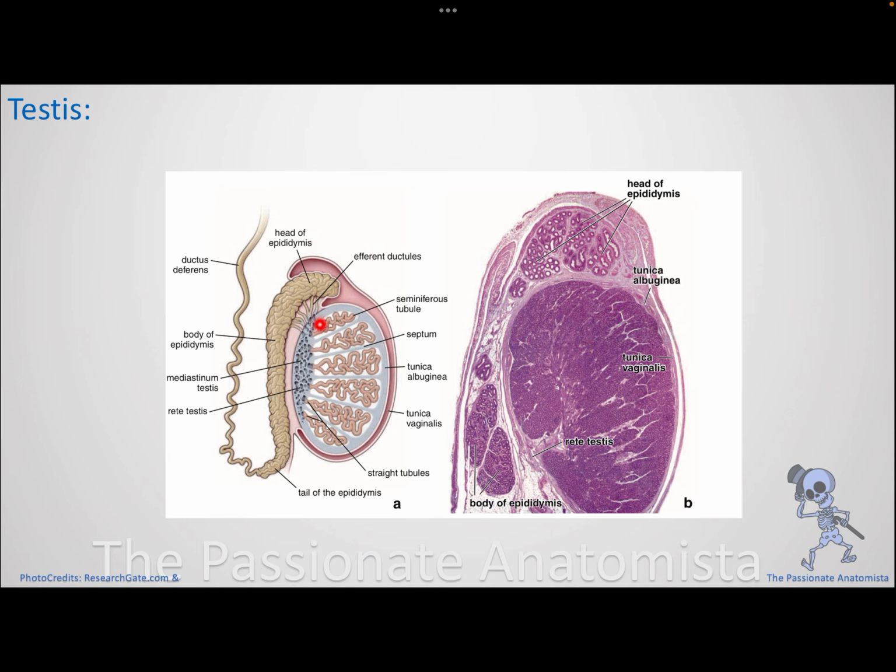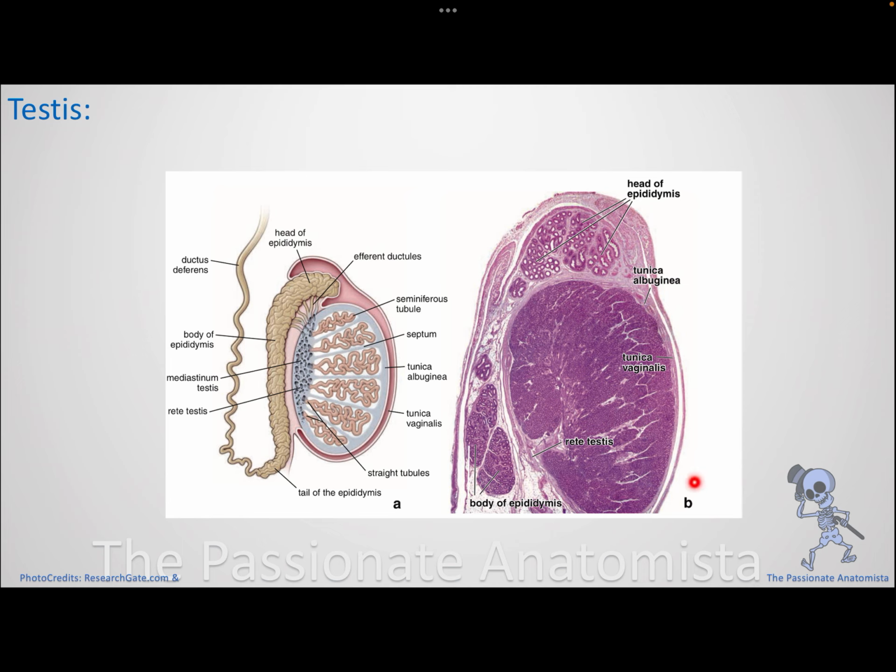It's all about tubules and ducts, where your sperms are formed in the testis and transported all the way up until they reach the pelvic cavity. Then they get added to by the seminal fluid coming from the seminal vesicle and the prostate, and they are ready to be ejaculated, right?